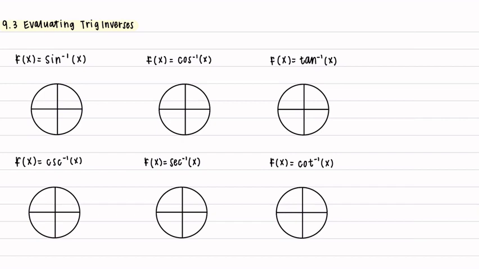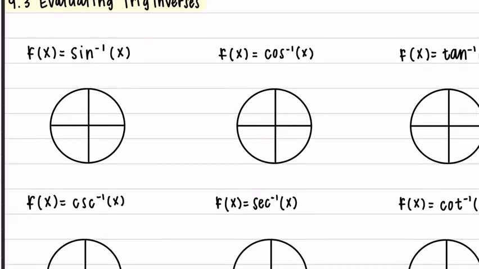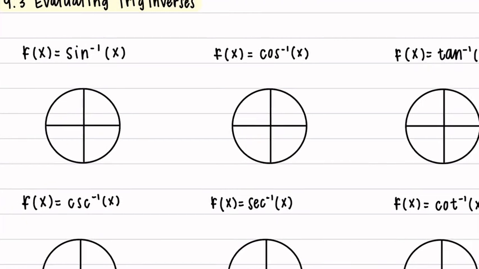And so I've created these little circles that represent the unit circle. I'm going to shade in where our solutions are when we are evaluating these inverse trig functions. So for inverse sine, we learned that our solutions would be in the first and fourth quadrant.